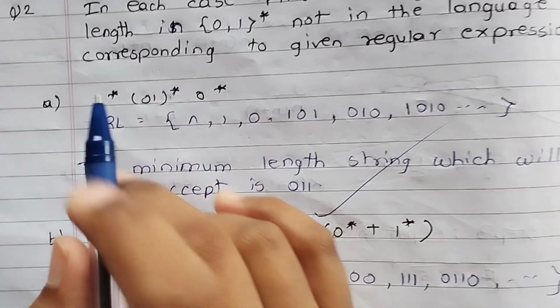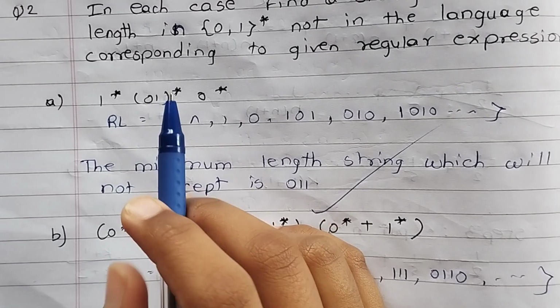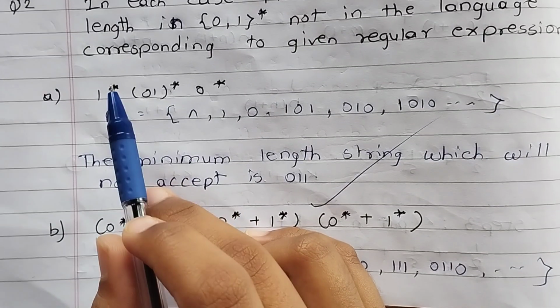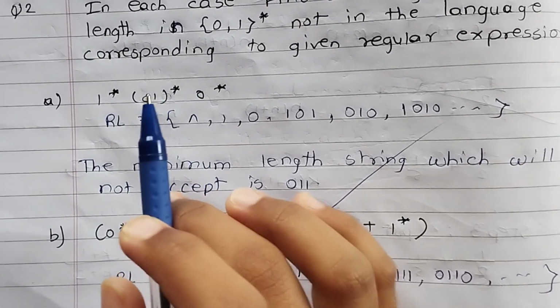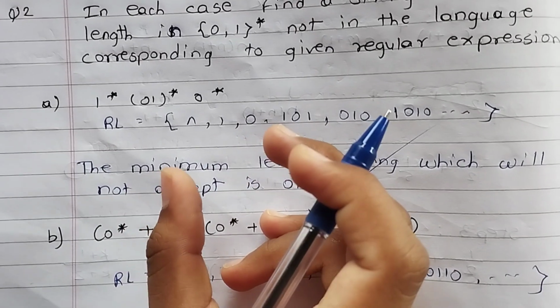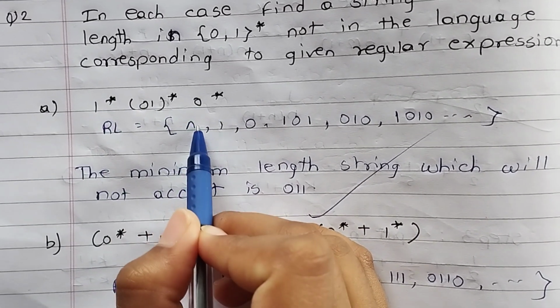So always when the question is to write the regular language for the expression, that time we first assume this term is null and then write the remaining terms. So consider all of these as null, so we write simply null.